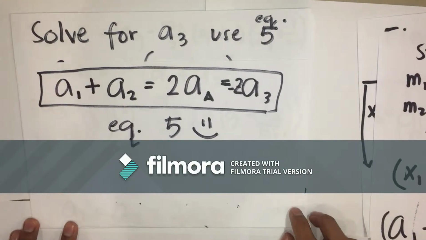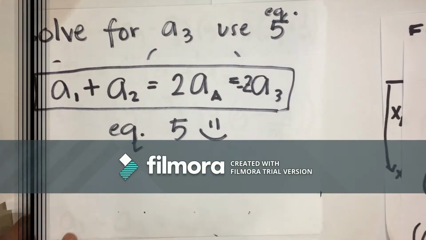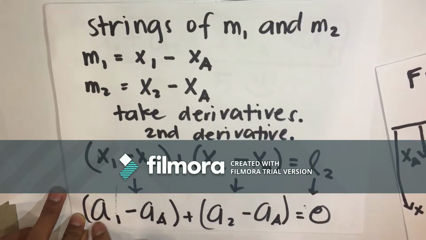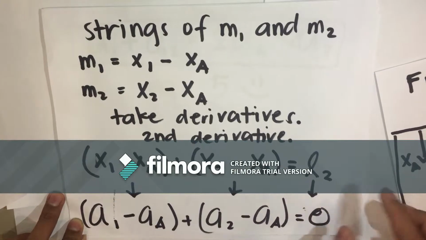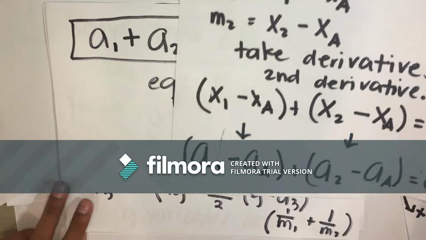Next, solving for A3 using equation 5. After taking the second derivative, we know that this equation has a relationship we can use.